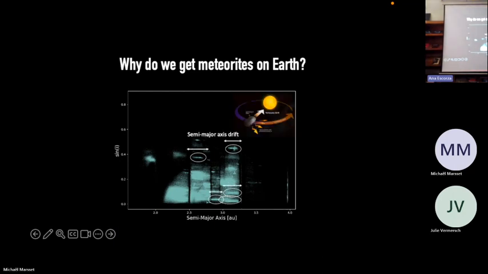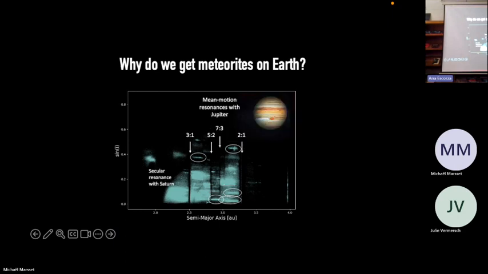So these family fragments extend, but at some point this has to stop, and it stops when they reach these regions where you don't see any object, these vertical regions, which are mean motion resonances with Jupiter. For instance, this one at 2.5 astronomical units is the 3-to-1 mean motion resonance with Jupiter.